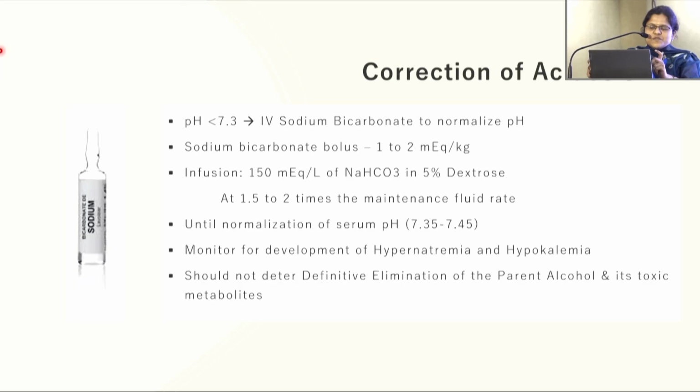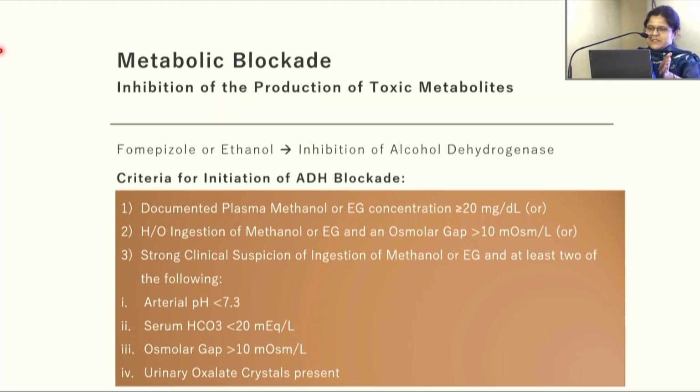Until normalization of serum pH, you continue the bicarbonate infusion. Meanwhile, you have to monitor if the patient is developing any hypernatremia or hypokalemia, and this should not delay any definitive elimination of the parent alcohol or its toxic metabolites. It is just a supportive measure. Definitely you should go with the elimination procedures as well.